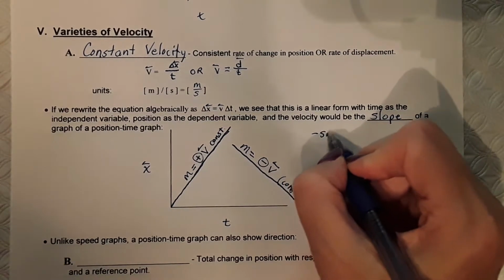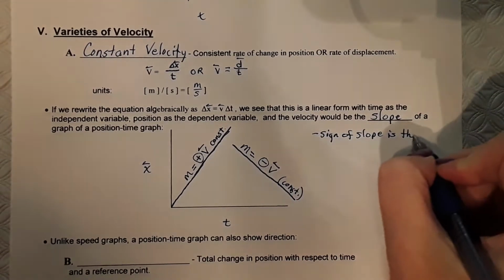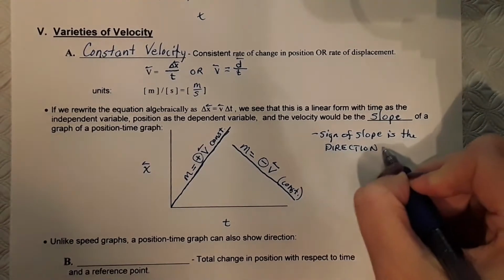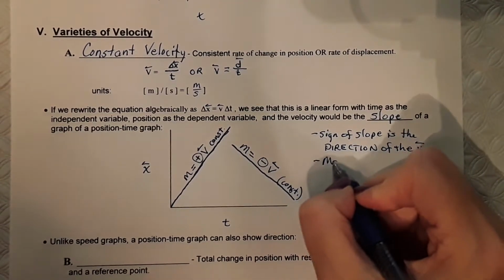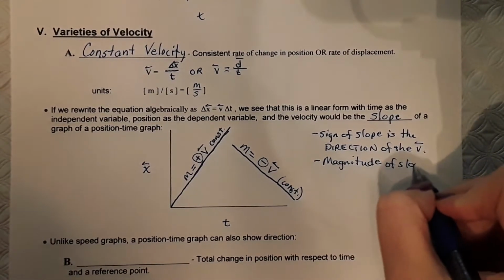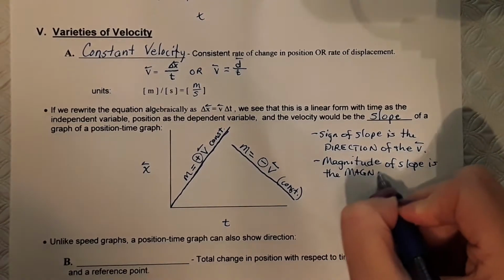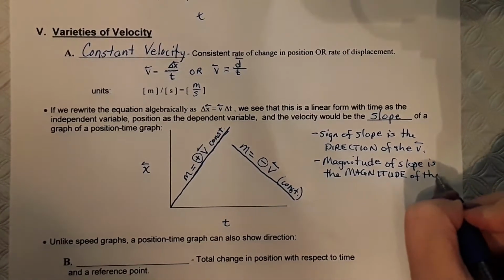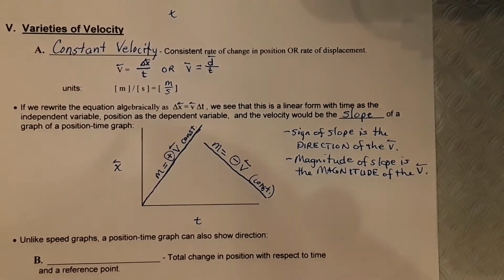The sign of the slope is the direction of the velocity. And the magnitude of the slope is the magnitude, that is the numerical value, of the velocity. Did I go off the edge there? Oh, almost, not quite. There you go.